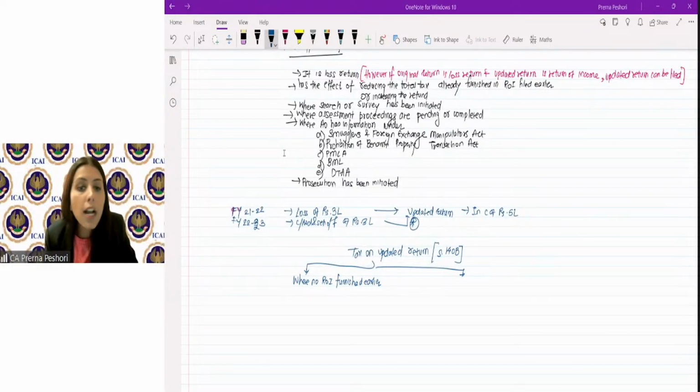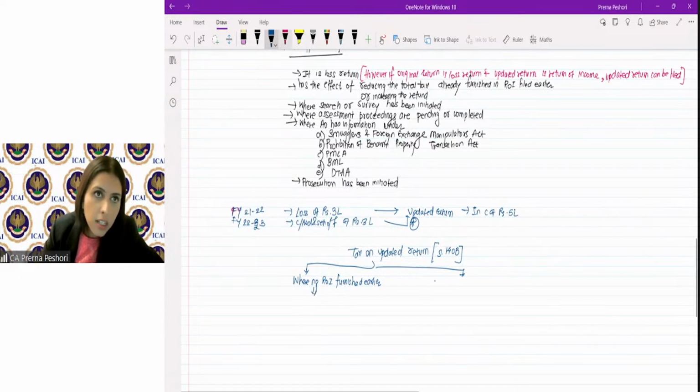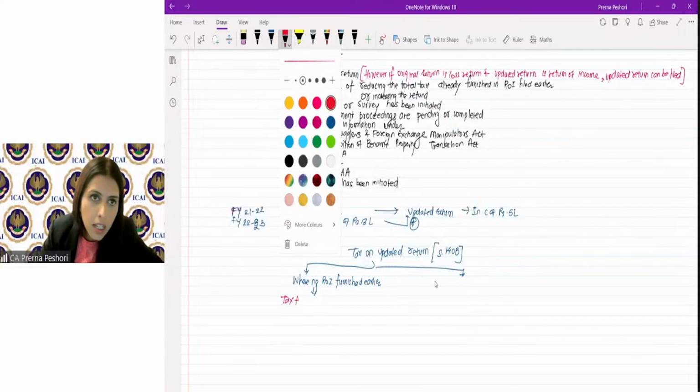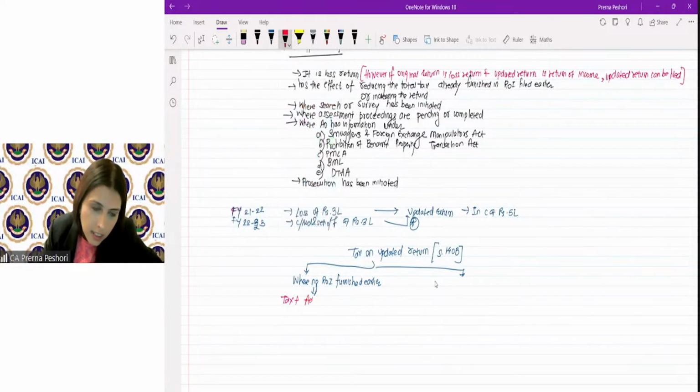Interest will be under 234A, 234B and 234C for the advance tax delay which is applicable, and then the fee under 234F. Now this tax will be tax plus the additional tax.